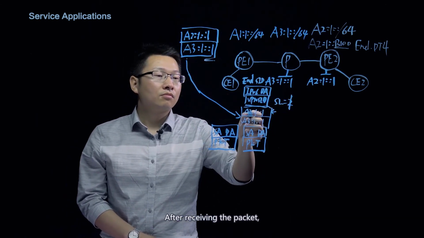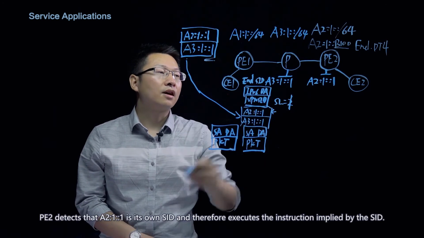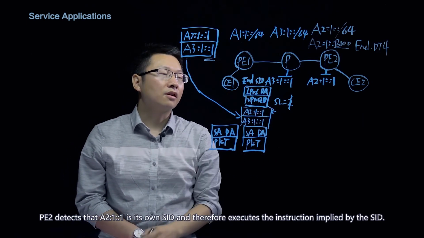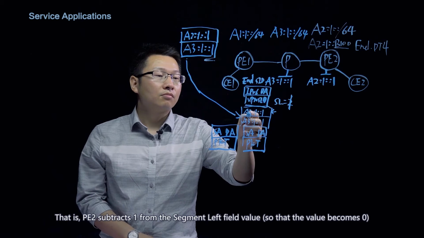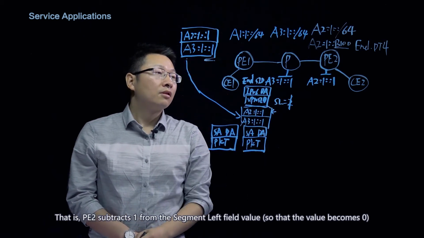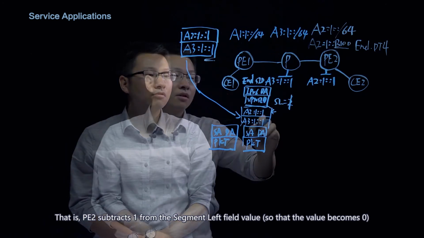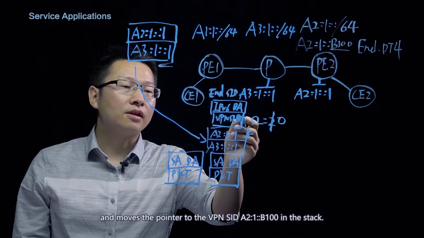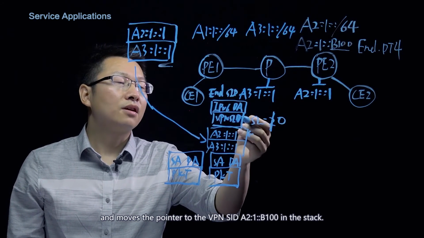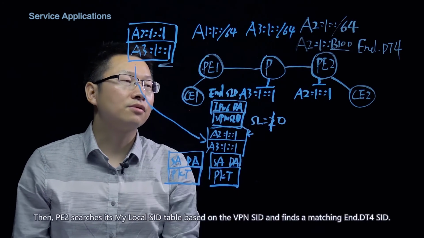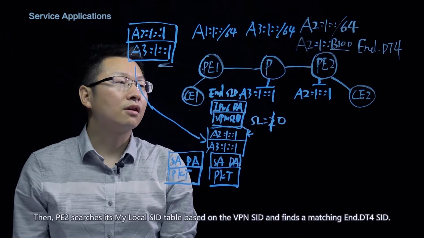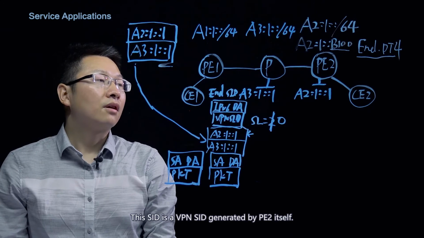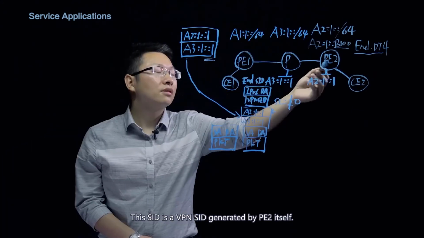After receiving the packet, PE2 detects that A2:1::1 is its own SID and therefore executes the instruction implied by the SID. That is, PE2 subtracts 1 from the Segments Left field value so that the value becomes 0, and moves the pointer to the VPN SID A2:1::B100 in the stack. Then PE2 searches its My Local SID table based on the VPN SID and finds an End.DT4 SID. This SID is a VPN SID generated by PE2 itself.